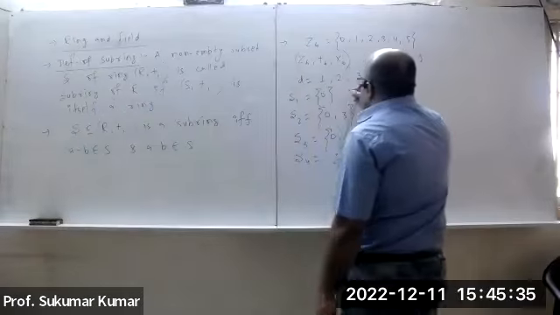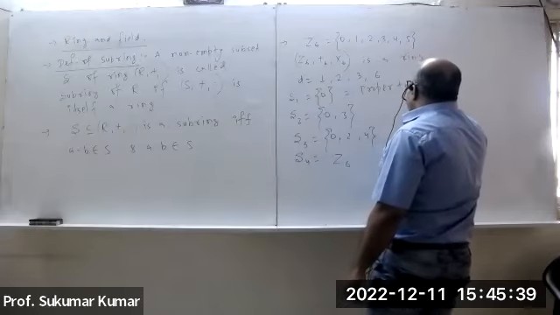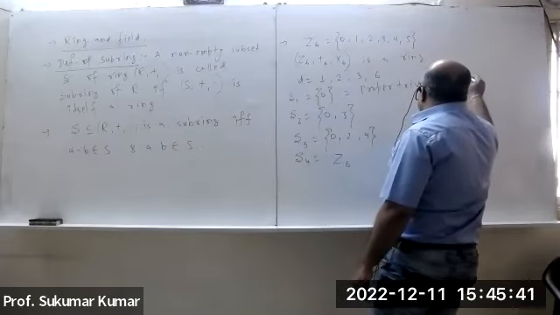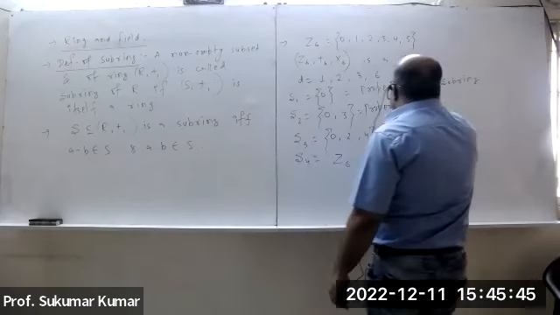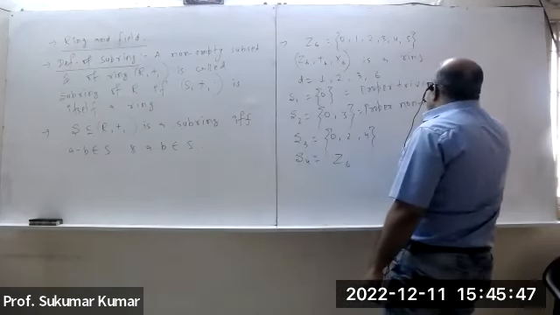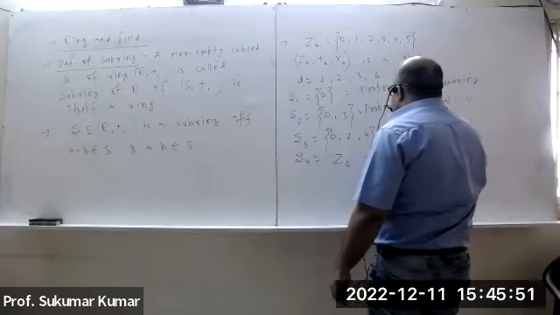And here also the same: proper trivial subring, proper non-trivial, this also proper non-trivial, and this is improper trivial.